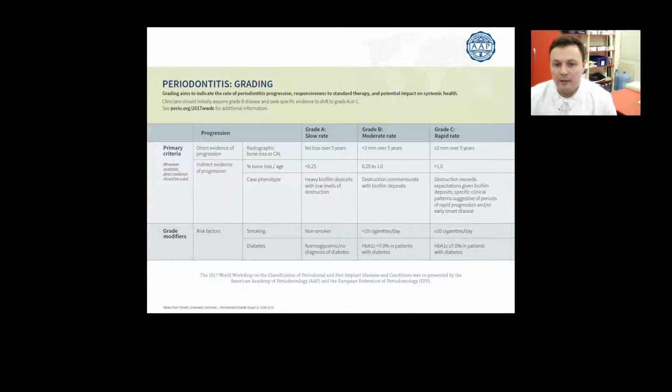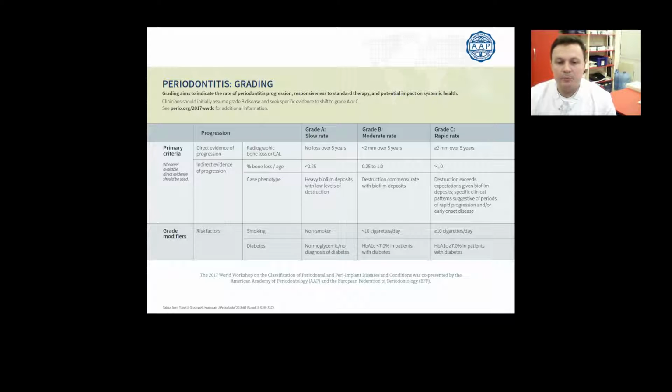Grading adds another dimension and allows the rate of progression to be considered using direct and indirect evidence. Direct evidence is based on the available longitudinal observation, for example, in the form of prior diagnostic quality radiographs.